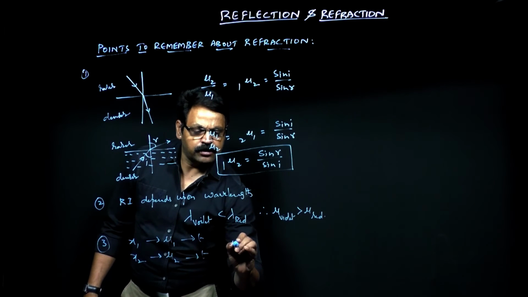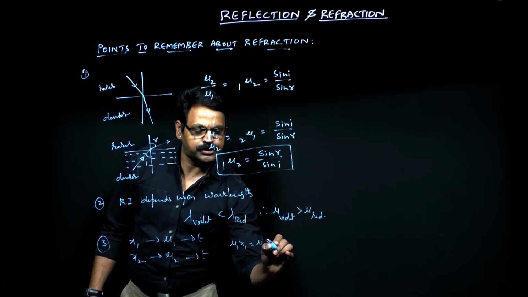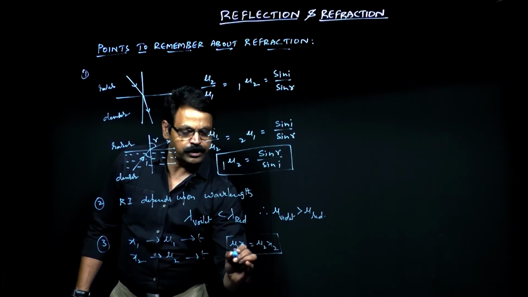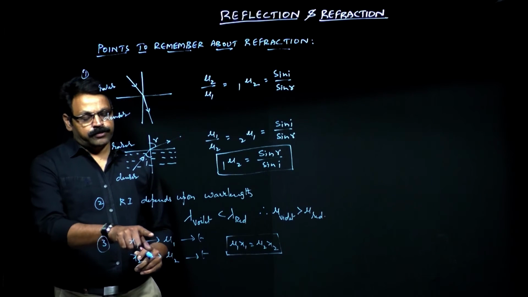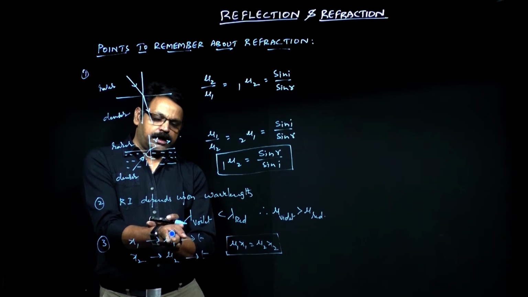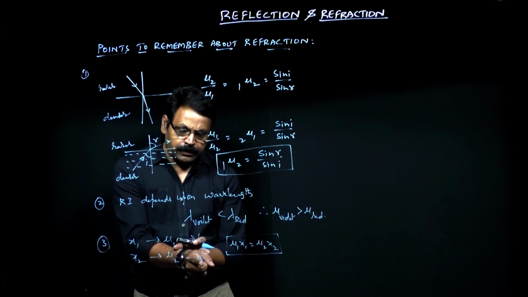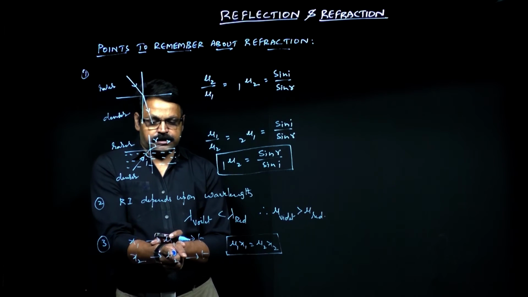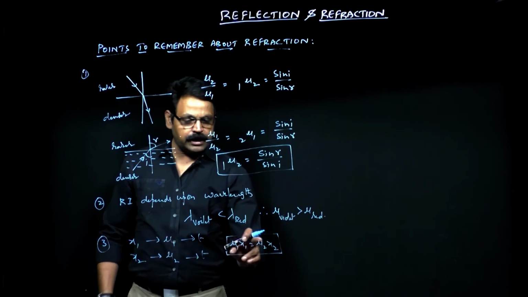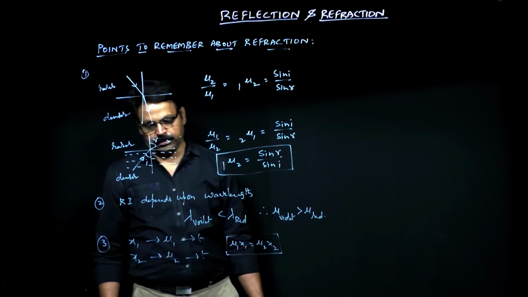In that case, the formula that holds is mu1 x1 must be equal to mu2 x2. This is the relation that holds good in such cases. So you need to remember, if the distance travelled by a light ray in a medium of refractive index mu1 in a time t is x1, and in the same time it travels x2 distance in a medium whose refractive index is mu2, then the relation that holds good is mu1 x1 is equal to mu2 x2.